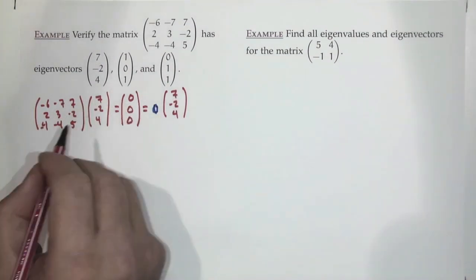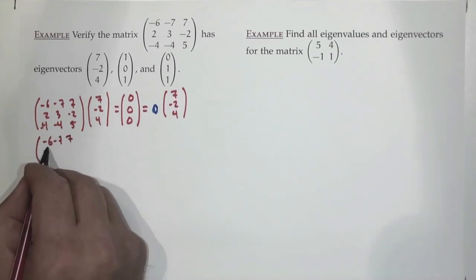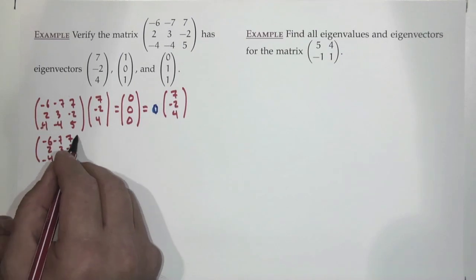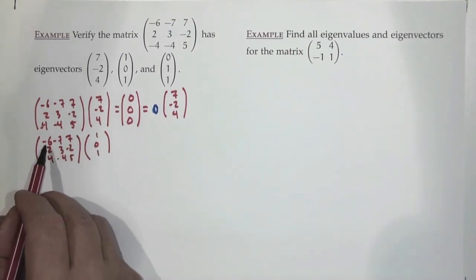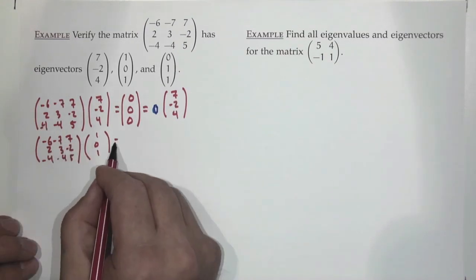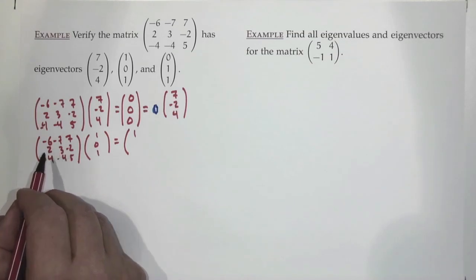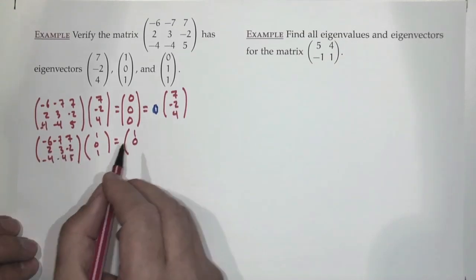All right, well, hopefully these other ones are just as fast. So we write this down again. 1, 0, 1. Okay, minus 6 plus 0 plus 7 gives 1. 2 plus 0 minus 2 gives us 0.